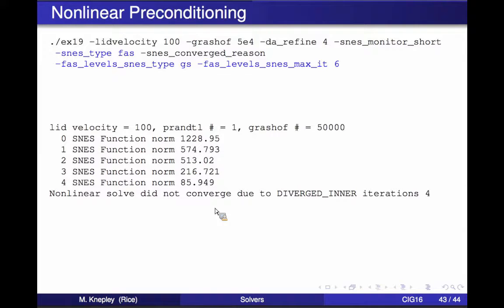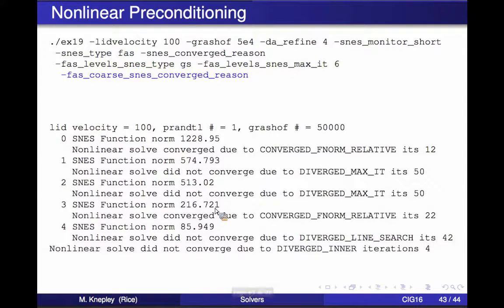So when you have solver problems, there is always more monitoring that you can turn on to see what's happening. So here, let's say, what is the reason for convergence or non-convergence at the coarse level? So it says, okay, I'm doing pretty well, and then it tells me, oh, my line search for Newton didn't work on the coarsest level.